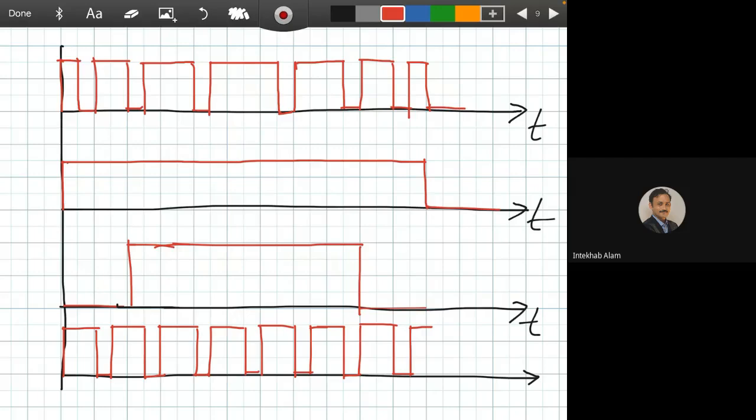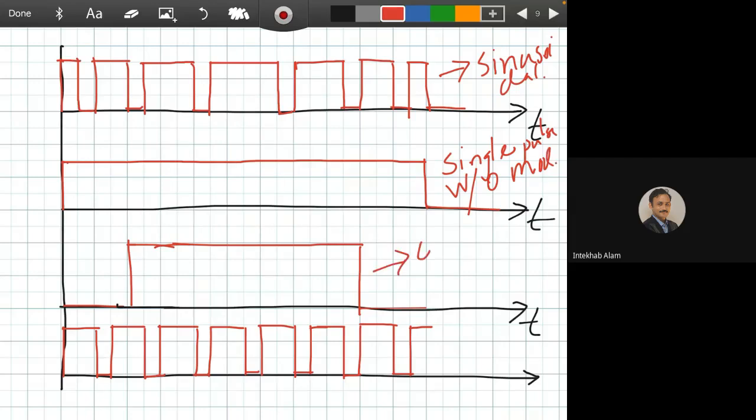Okay. Here, this is sinusoidal. This is single pulse without modulation, and this is single pulse with modulation. And this one is multiple pulse.